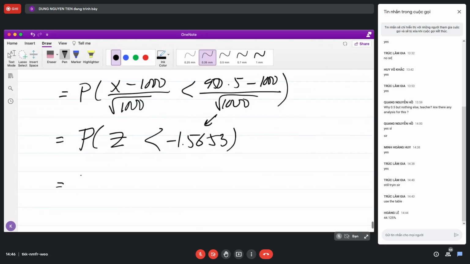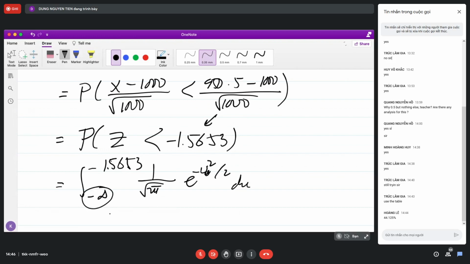And then you get the integral from minus infinity to minus 1.5653 of 1 over square root of 2 pi times e to the minus u squared over 2 du, and you can replace the lower limit by minus 999.